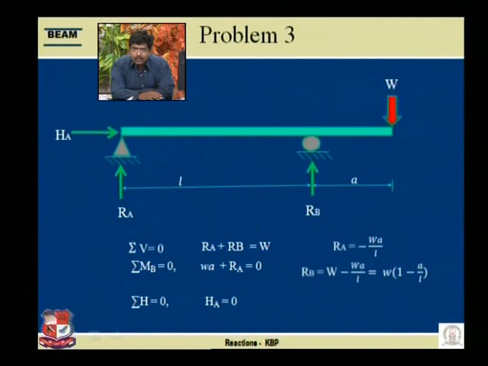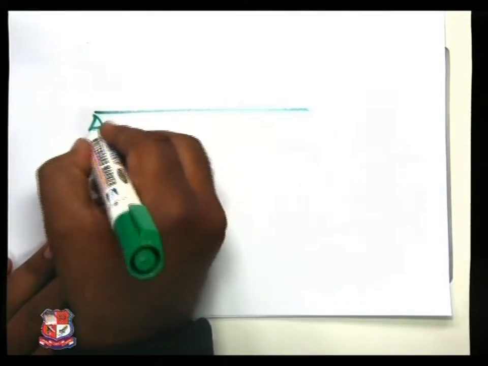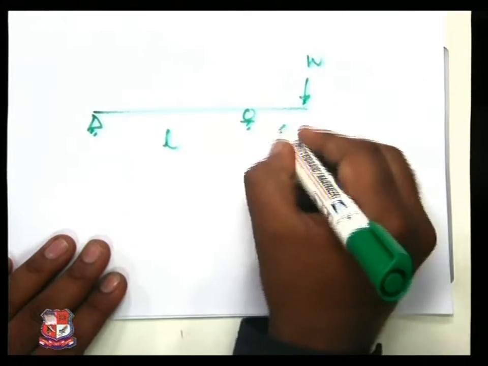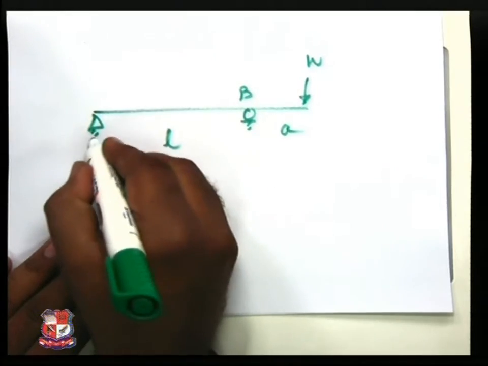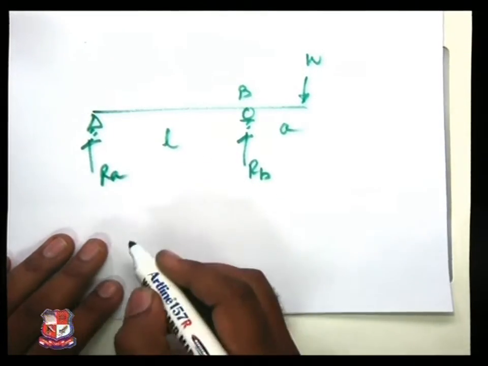Let us take the next one, that is sigma MB is equal to 0. Let us solve it over here so that it is understood in a better way. We are taking the moment over here at B. This is my RA, this is my RB.